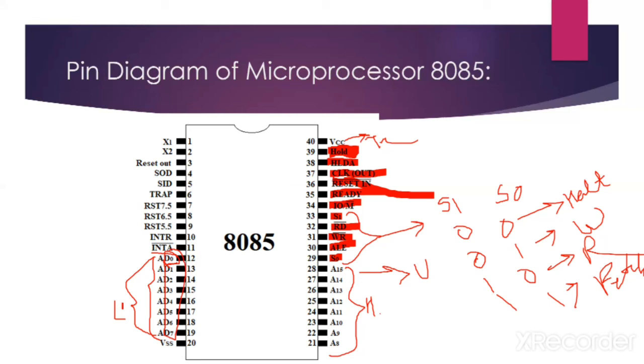RST 7.5 is a restart interrupt. These signals are restart signals. This signal is used to interrupt the microprocessor. When an interrupt is recognized, the next instruction is executed from a fixed location. It is a maskable interrupt. They cause an internal restart to be automatically inserted.